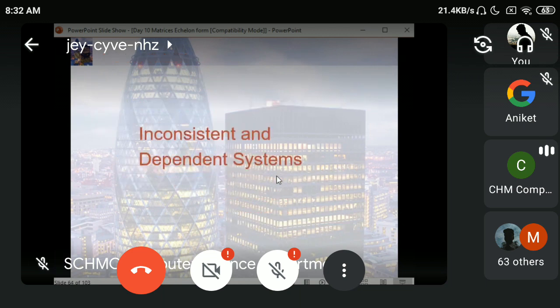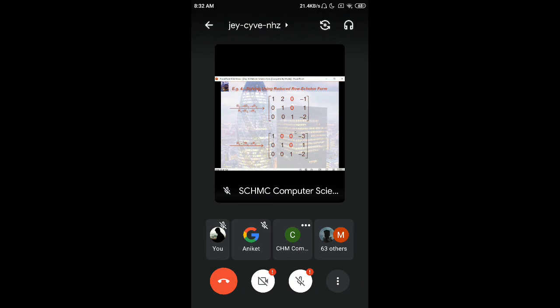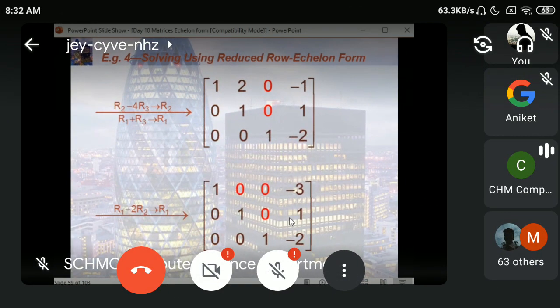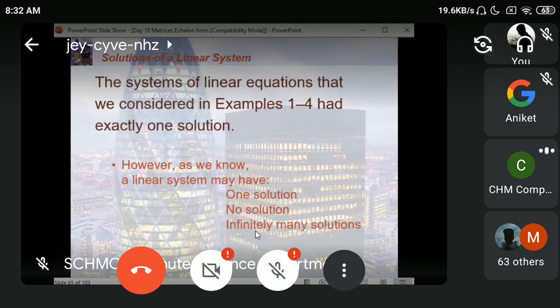If you see, we had this as a reduced row echelon form. The leading entry in the first row corresponded to the variable I had written there. The variable in the first column was x, in the second column was y, in the third column was z. So wherever you have this 1, it becomes x, this becomes y, and this becomes z.